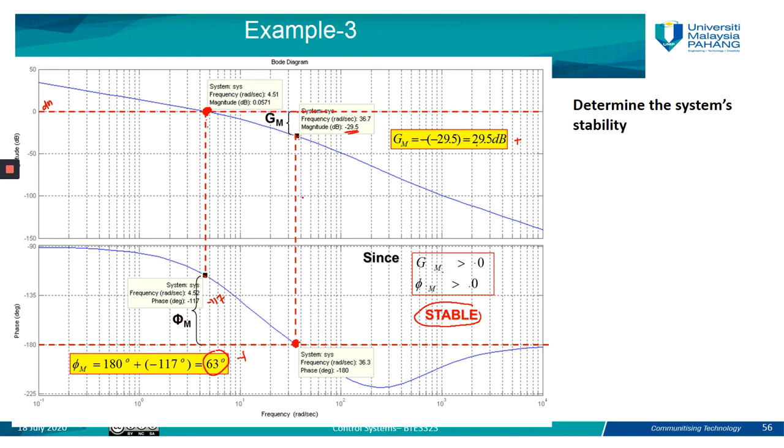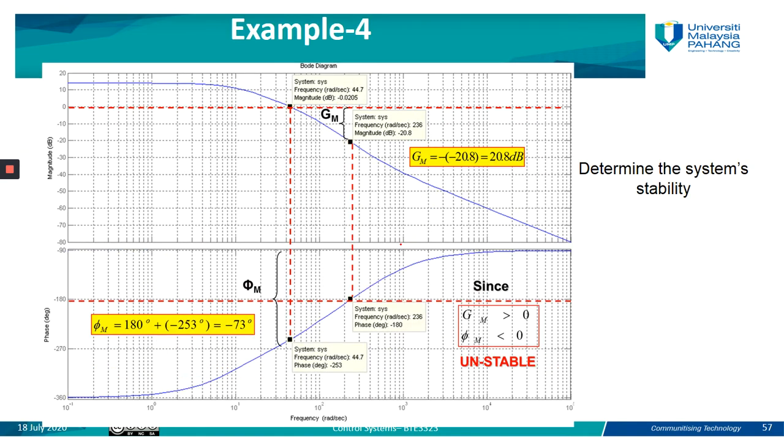In order to understand how the Bode plot looks if the system is unstable, we can see example number 4 here. In example number 4, we have the log magnitude plot and the phase plot, the two plots on the same frequency axis, from 0.1 until, for example, 10 to the power of 5.